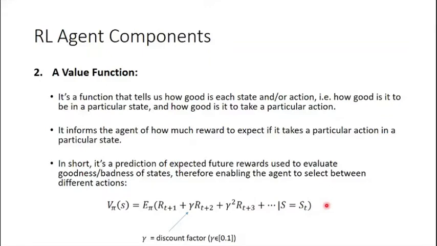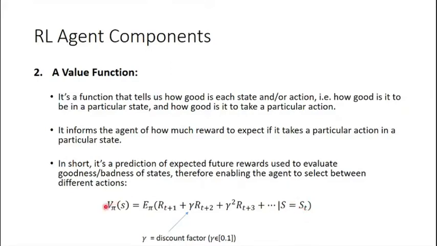So if you have a look at this equation, the expectation of or the value of a particular state, you can see here the value of a particular state is the expected value of the reward at the next state and the discounted rewards for what it is going to get in the future if it is currently at the state s_t.